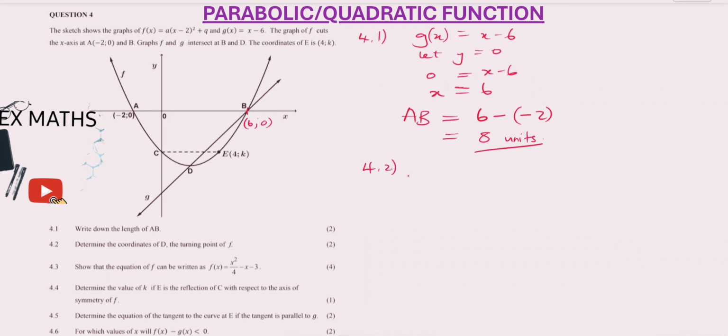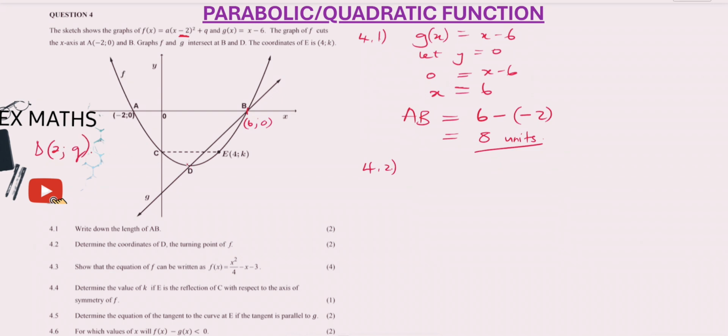4.2, determine the coordinates of D, the turning point of f. From our equation f, this minus 2 is going to help us to find the x coordinate of the turning point. So for the turning point, since it is D, that is going to be 2. If it's negative, it is going to be positive. So it's 2 and q, but we don't know q.